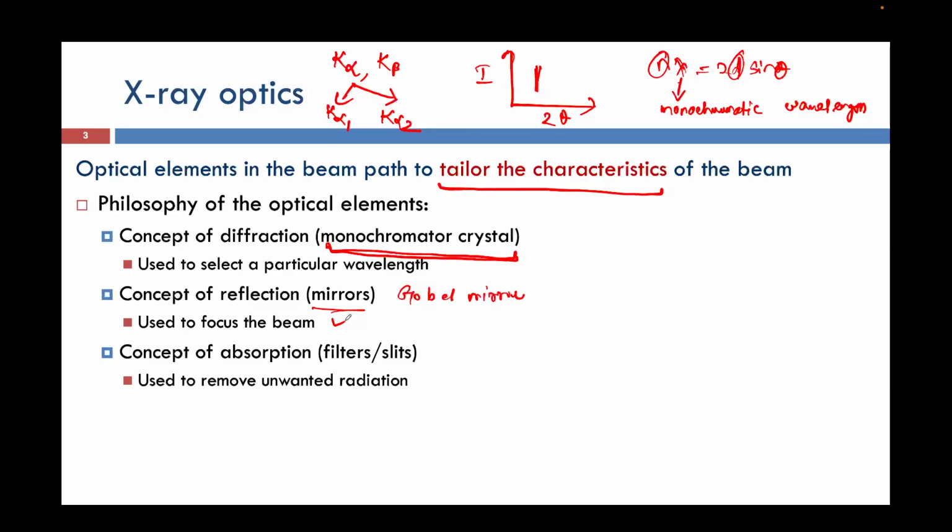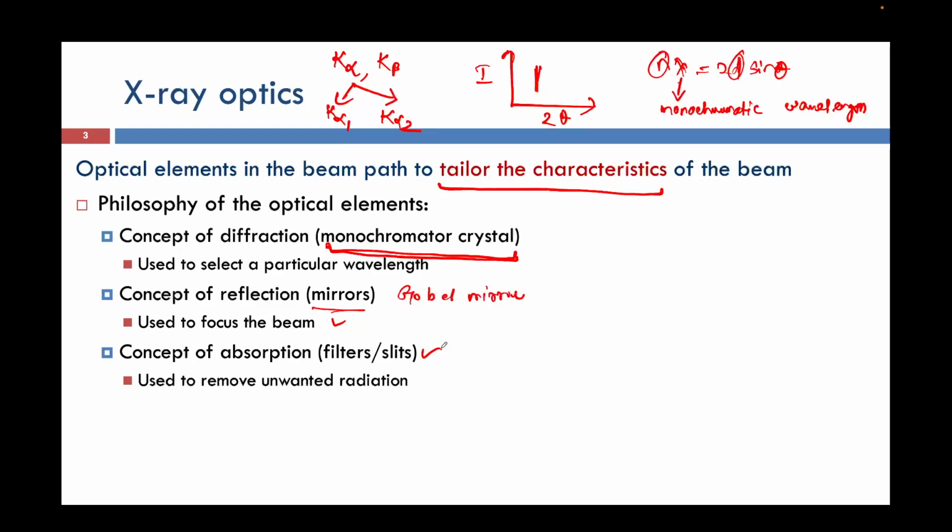The third aspect of X-ray optics is the concept of absorption. Which part of the instrument do we use? We use filters, and we use slits. Filters, if you remember, for copper K alpha radiation, what filter are we using?